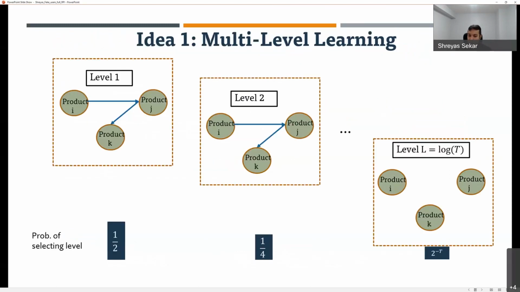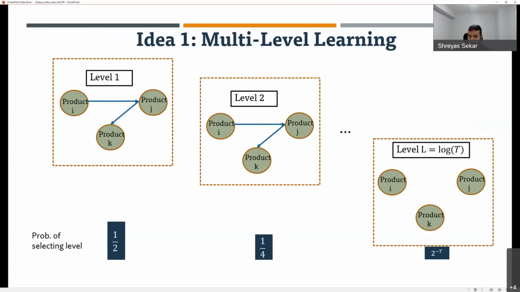So here's how this is going to work. I'm going to introduce what I call a multi-level learning algorithm. Previously my learning algorithm was characterized by a product relationship graph. Now, instead of having just one graph, I'm going to have lots of different graphs where each graph represents the outcome of a different algorithm.